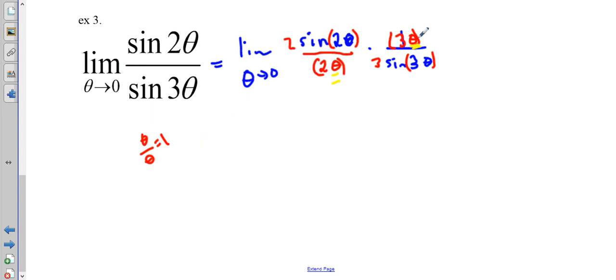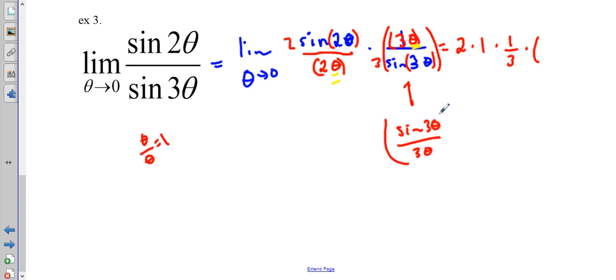So really, what's my answer going to be? Well, sine of 2 theta over theta is 1, so I have 2 times 1. This is going to be times 1 over 3 times the same thing as, if I put this to the negative first power, I can write this as sine of 3 theta over 3 theta to the negative first.